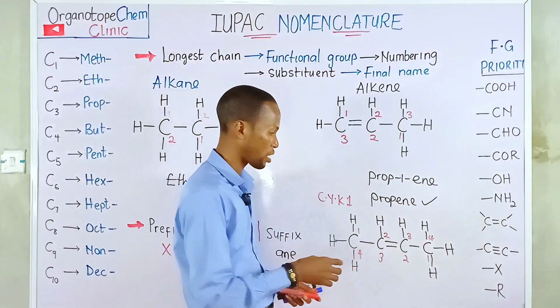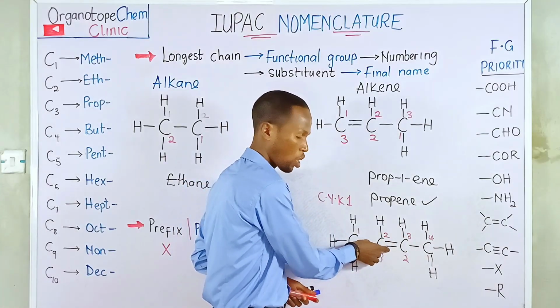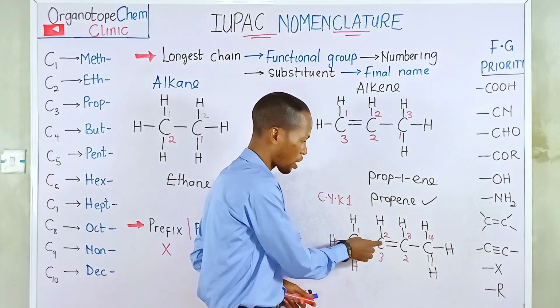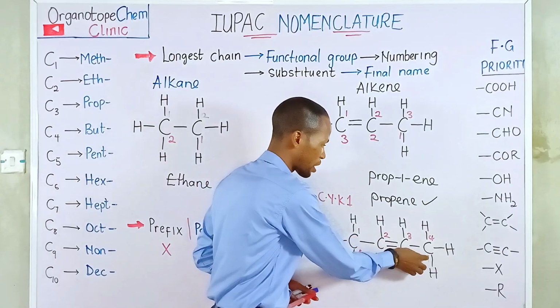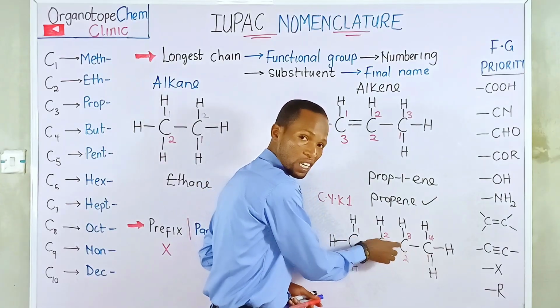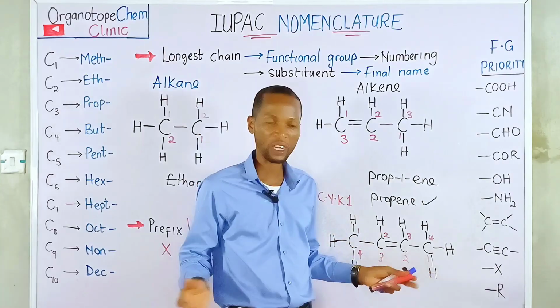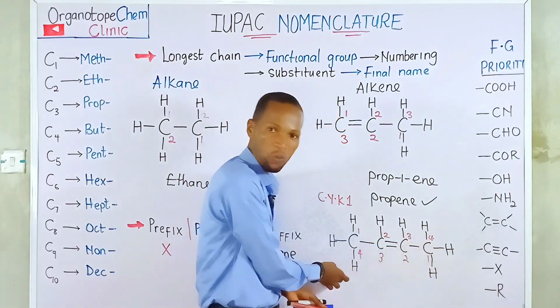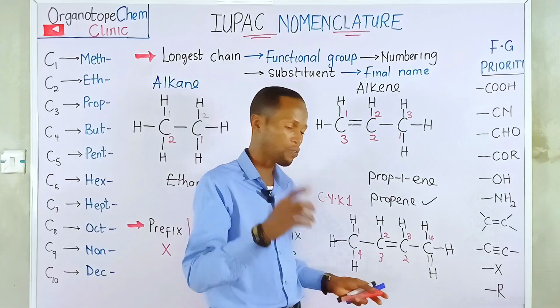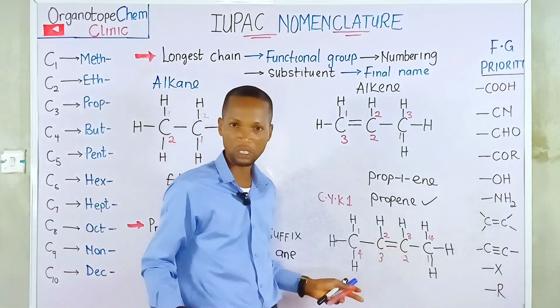If we consider the forward numbering, the double bond, which is the functional group, is on carbon 2. Also, when we consider the backward numbering, the double bond is found on carbon 2. So we can start from either side. We can use the forward numbering or the backward numbering for this molecule, since we have the double bond on carbon 2 in both cases.